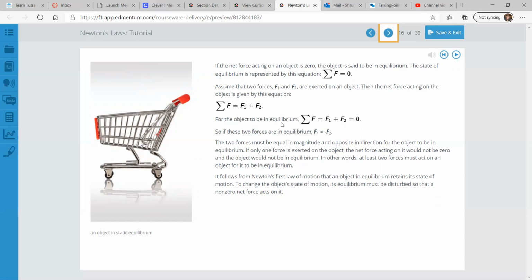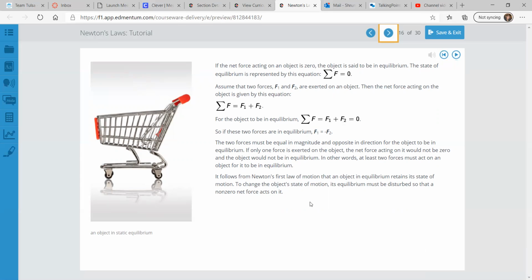For the object to be in equilibrium, we have to have F1 plus F2 equals zero. So if these two forces are in equilibrium, F1 has to be negative F2. That means that force is acting in the opposite direction as the first force, and they have to be equal in magnitude and opposite in direction for the object to be in equilibrium.